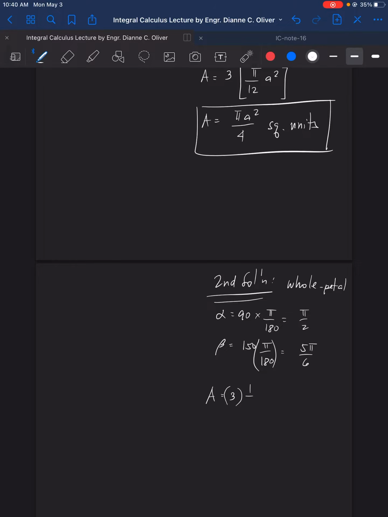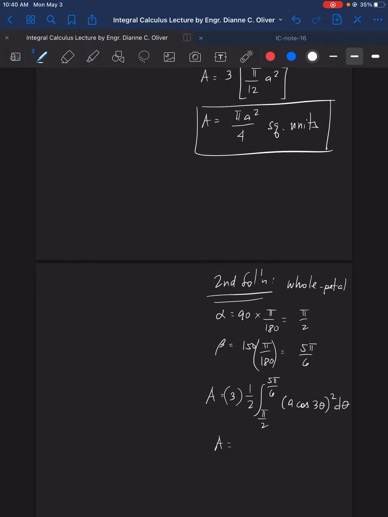3 times 1/2 integral of a cosine 3 theta squared d theta, alpha of pi over 2, beta of 5 pi over 6.